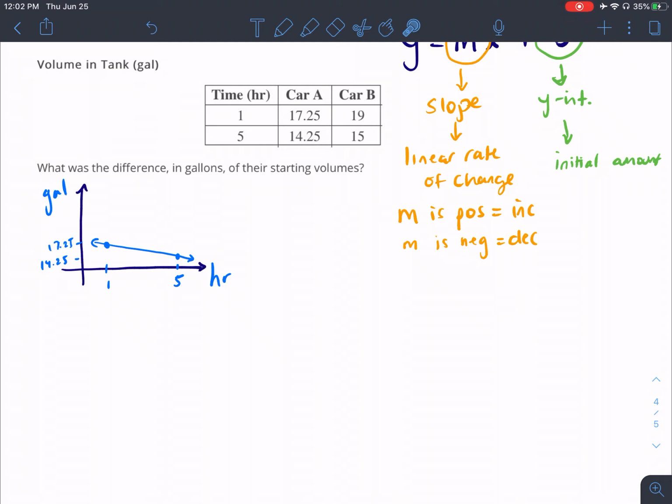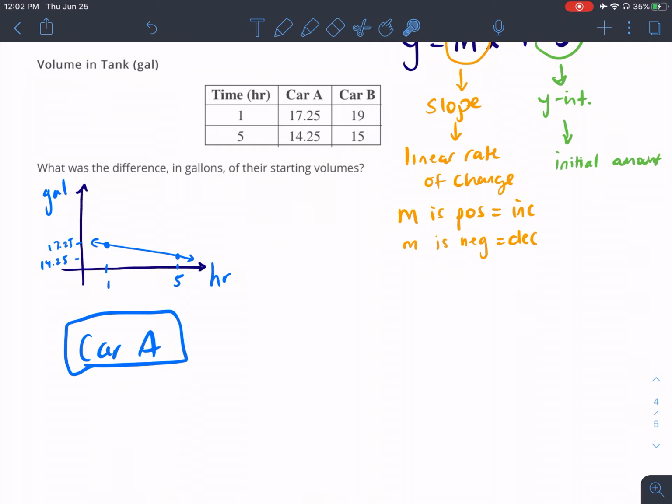But because you're trying to find the linear function for car A and then also another linear function for car B, if we're going to look at car A data, you want to focus only on this part of the table for now and ignore car B.